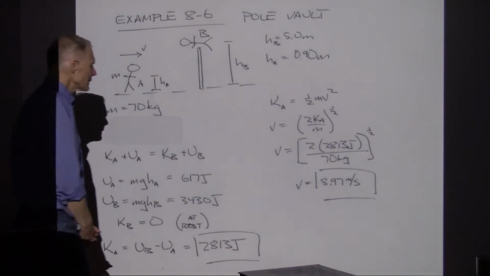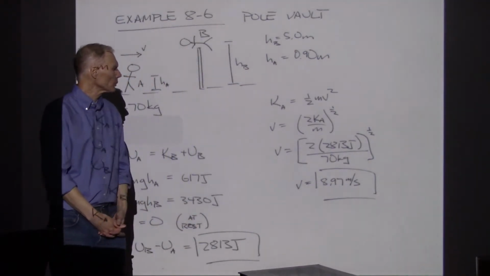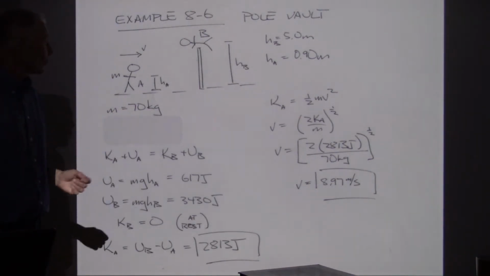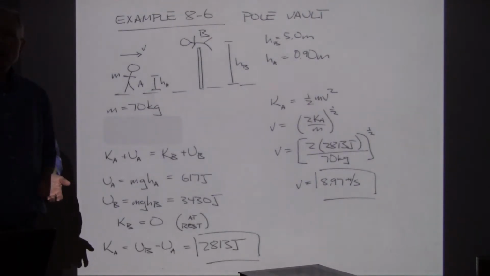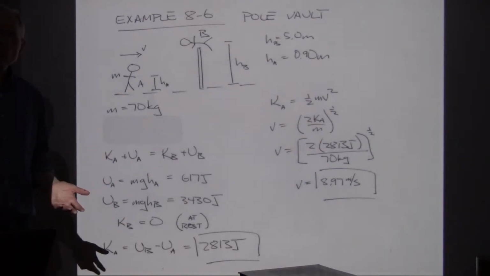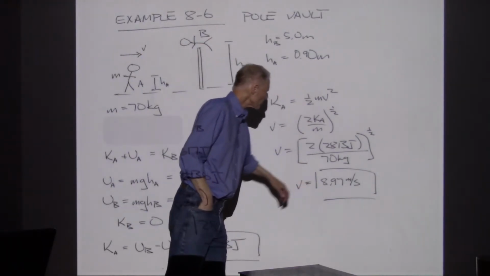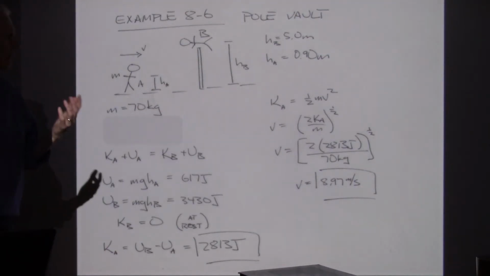That's getting close to the fastest runners in the world, who are not significantly higher than that. A good time in the 100 meters is what, like 9 seconds or so? It's like 11 meters per second. So a sprinter might be running at 11 meters per second, something like that.